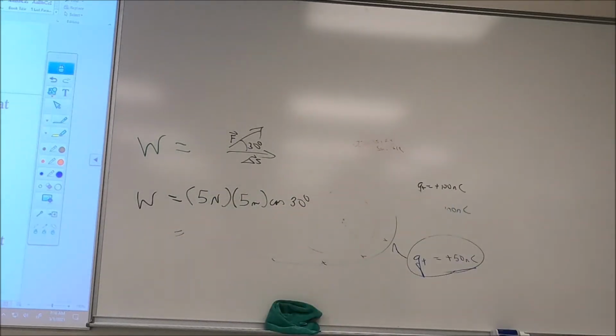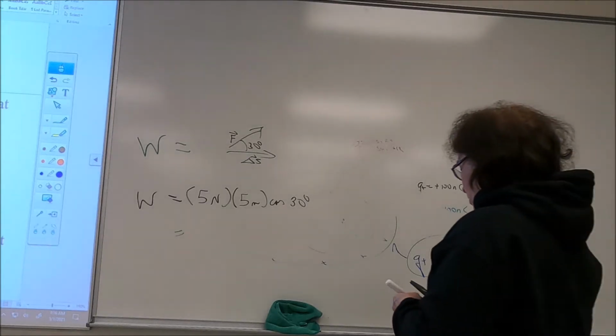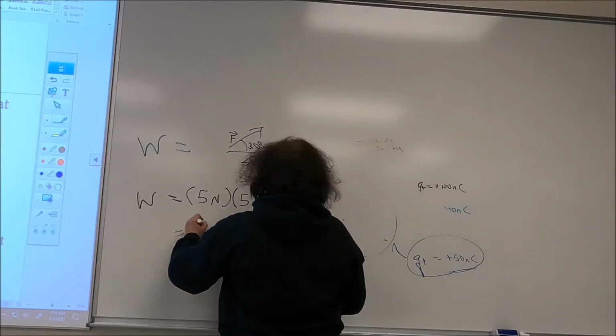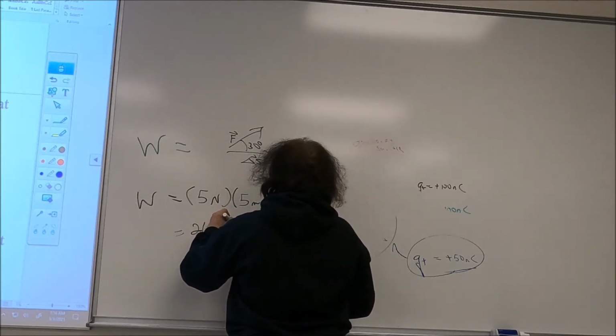So it would be 5 times 5 is 25 times the cosine of 30. So it'd be 21.7 joules.